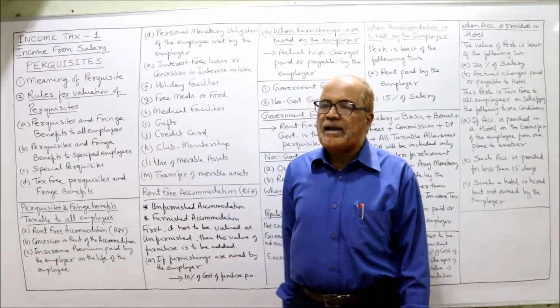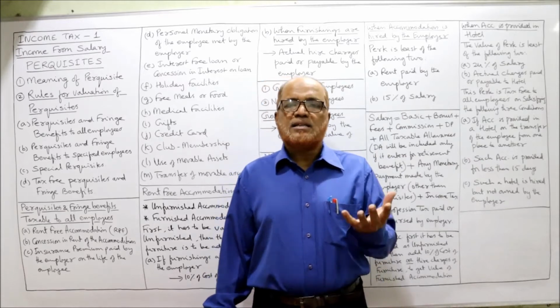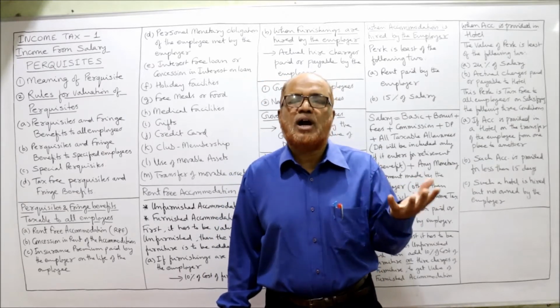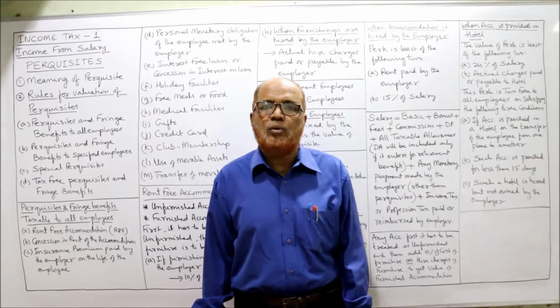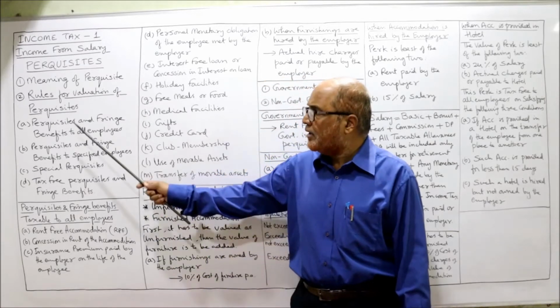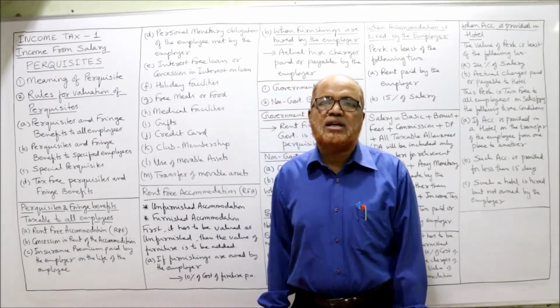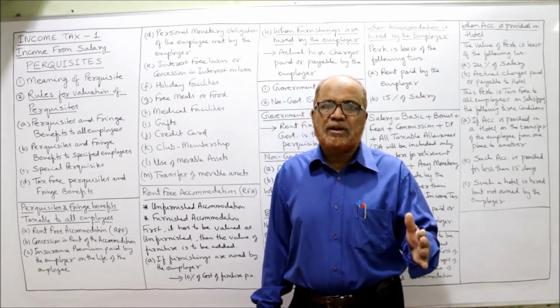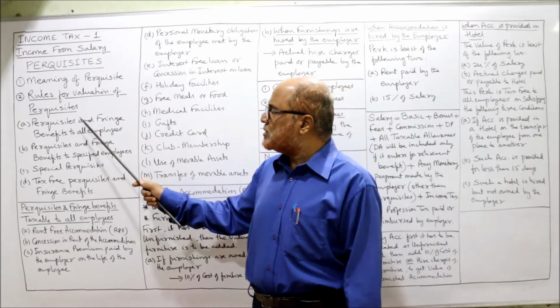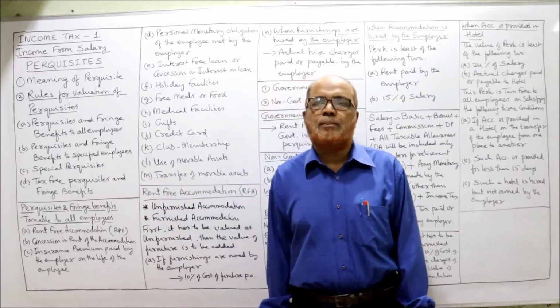Now, rules for valuation of perquisite. The Income Tax Act has given elaborate provisions regarding how to calculate the value of perquisite. Now, for calculating the value of perquisite, all the perquisites are classified into 4 categories. One by one, we will study. The first, perquisites and fringe benefits to all employees.